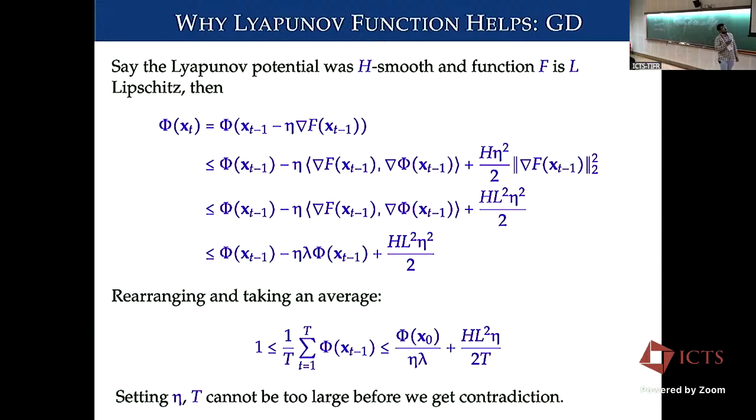The main thing you notice after this is that our assumption was that the negative generator is lower bounded by the potential. And because we have minus of the negative generator, it's upper bounded by minus lambda times phi, and that's all the way till here.